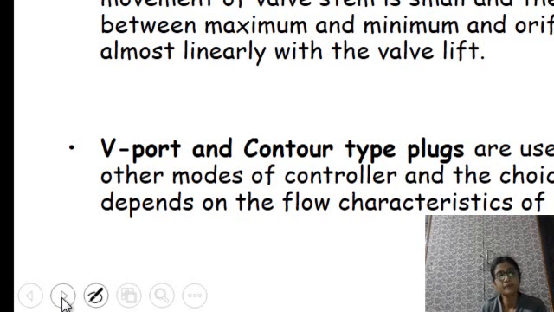The other two types are V-port type and contour type. Contour type is the smooth contour type plug, the figure as we have seen in the last diagram. And V-port type is a notch type. These two types of plugs are used for three-term controllers.